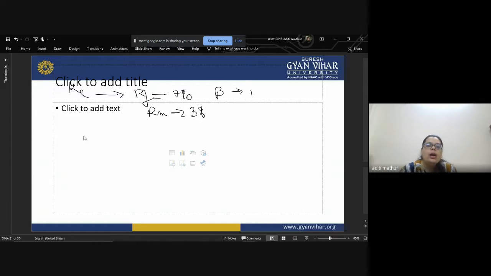Right? So as you know, the beta factor is given, and the Rm and Rf are given. So we are going to use the CAPM model to calculate our KE. So let us first write the formula, which is Rf plus beta into Rm minus Rf.